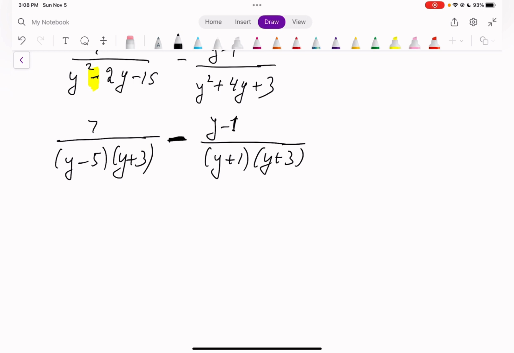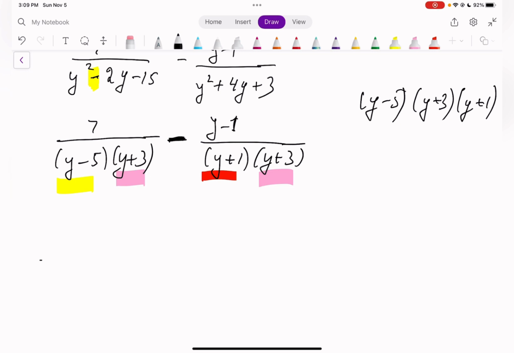So let's check y minus 5. The second fraction doesn't have it, so y minus 5. Next, y plus 3. Okay, we have it here also, so I'm taking only one of them. We never duplicate. And y plus 1 also. It has only the second one, the first one doesn't have it. So y plus 1.